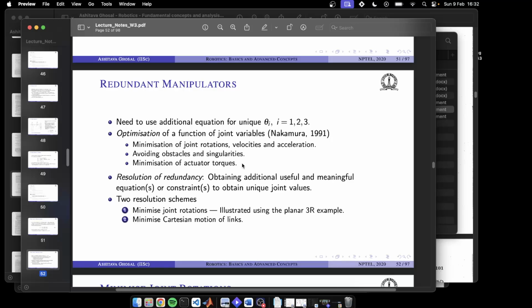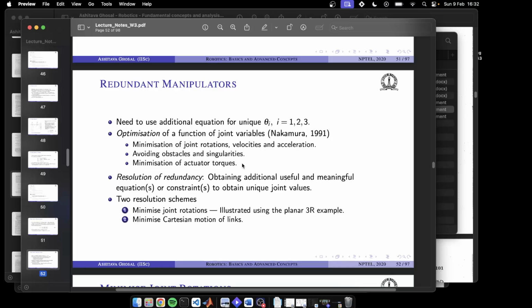requirements, additional equations, to get a unique value of theta i's, right? So just the inverse kinematics relations are not sufficient, because the number of equations is less than the number of unknowns, so we have to add additional equations. And if we are adding additional equations, we add them in a way that is useful to us, because if we minimize actuator torques, then we are minimizing the energy consumption of the robot, and we would like our arm to be energy efficient and move in a way such that it consumes less energy.